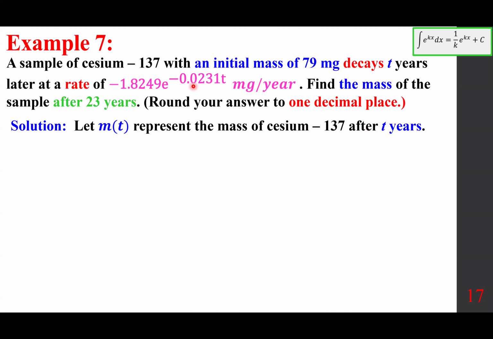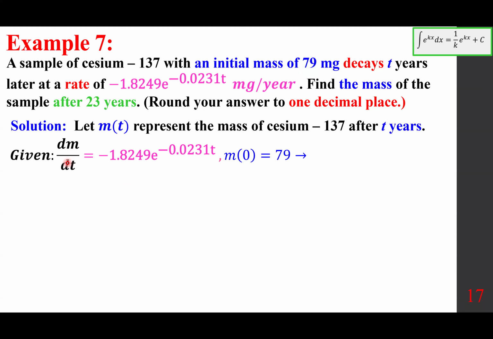If the rate is this, that means its derivative. That means m prime or dm dt is negative 1.8249 e to the power of negative 0.0231 t, and the initial value means m of 0 is 79. So this is m of 0. This is dm dt.